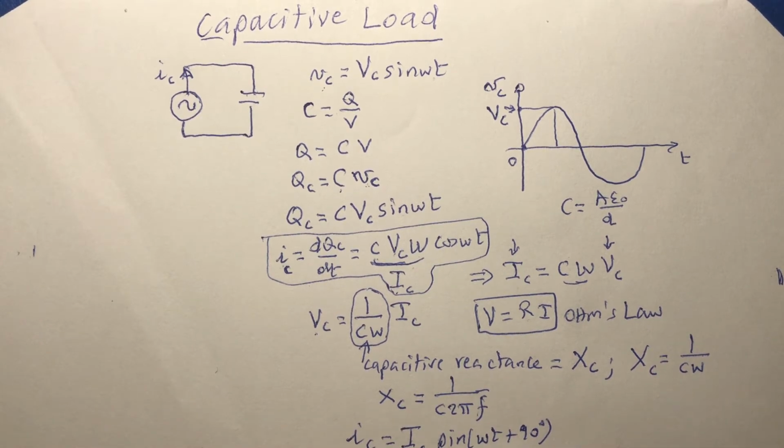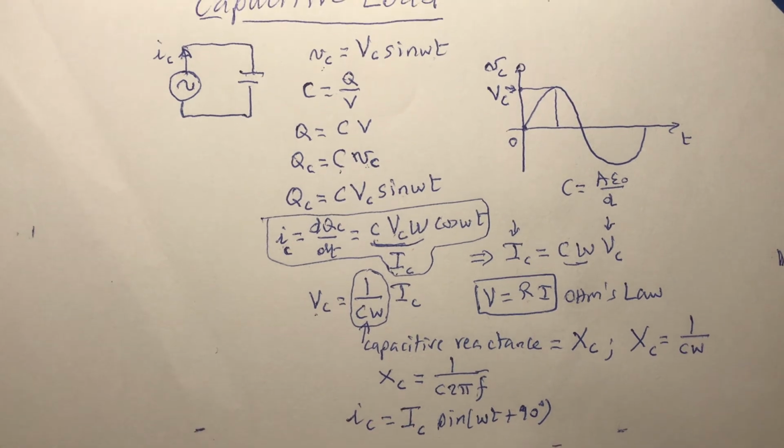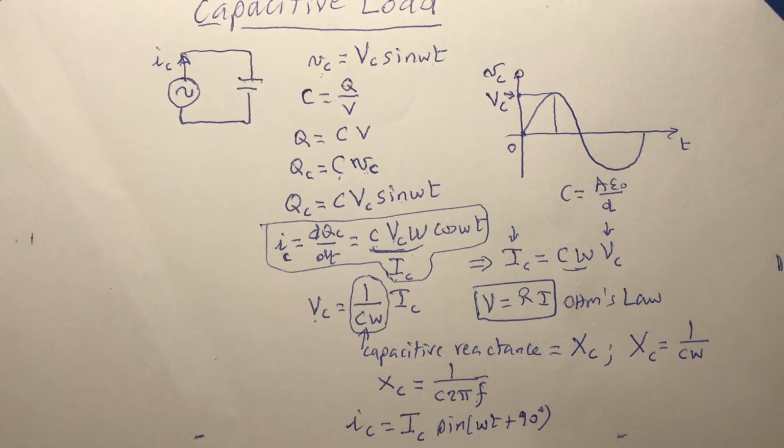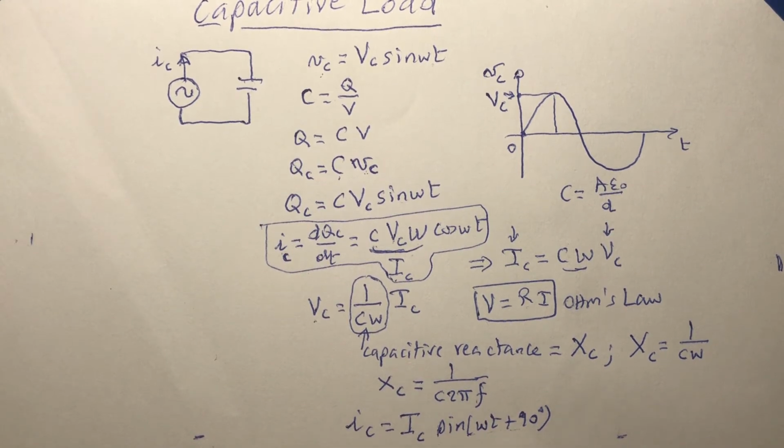You see? Let me adjust a little bit. Okay, so you can see that. So I have IC is equal to the amplitude sine omega t.